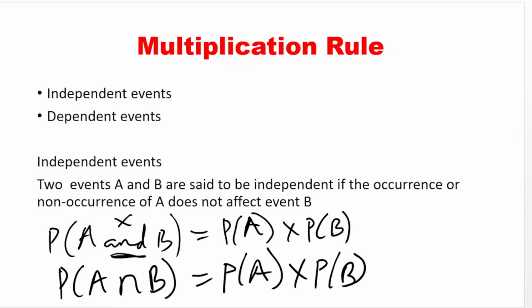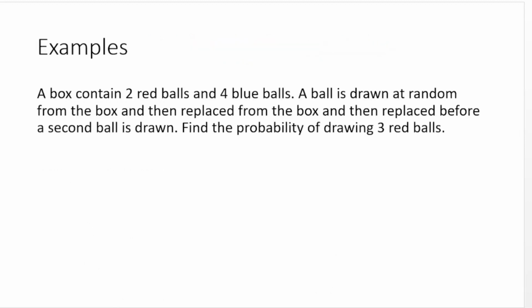So let's look at this example. The first one: a box contains two red balls and four blue balls. One ball is drawn at random from the box and then replaced before a second ball is drawn.